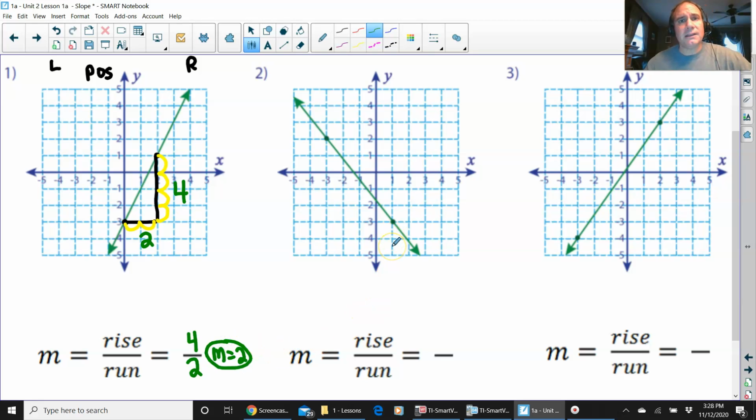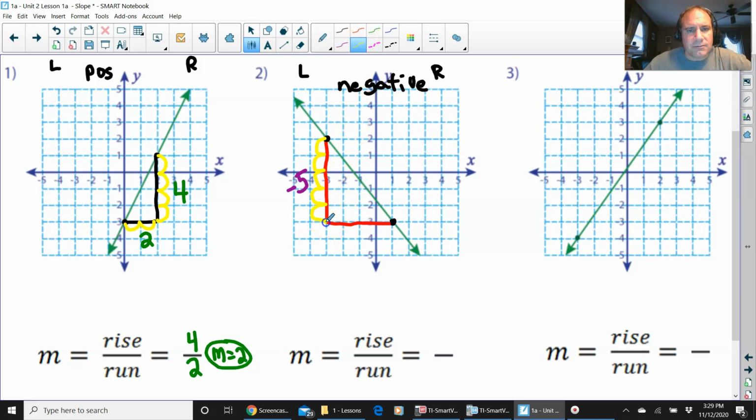All right, go ahead and do numbers 2 and 3, and we'll return to review them. Press pause now. So just coming back with number 2, we know this has a negative slope right off the bat. So I'm going to go down 1, 2, 3, 4, 5. So I'm going to say that that is a negative 5 because I went down.